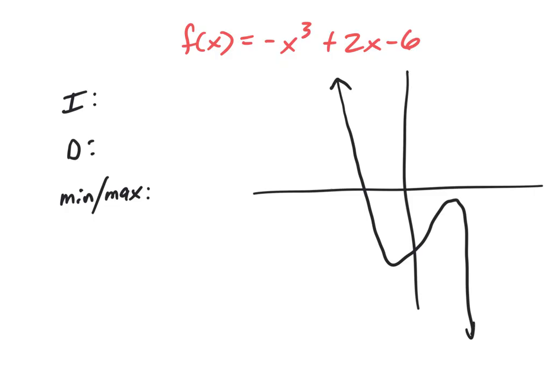The graph's going to look something like that. Okay, I'm going to go ahead and label this 0, -0.8, -7.1. 0.8, -4.9.